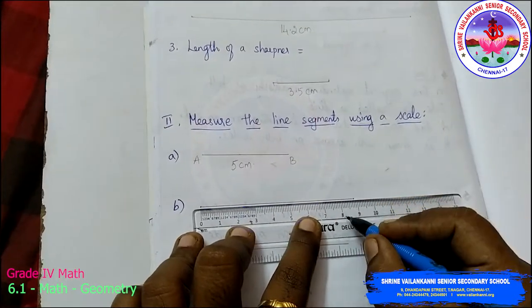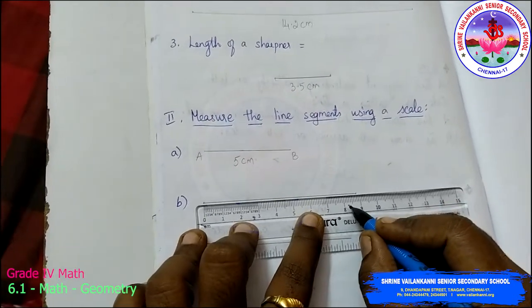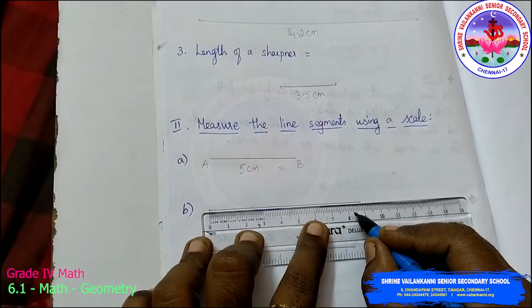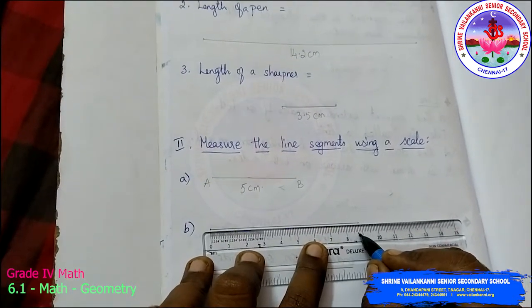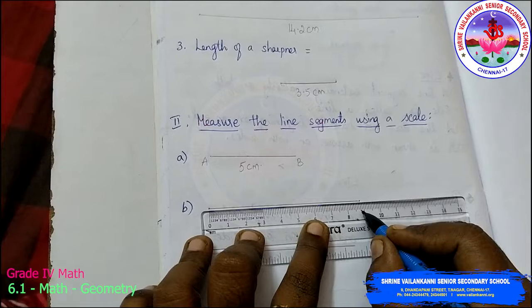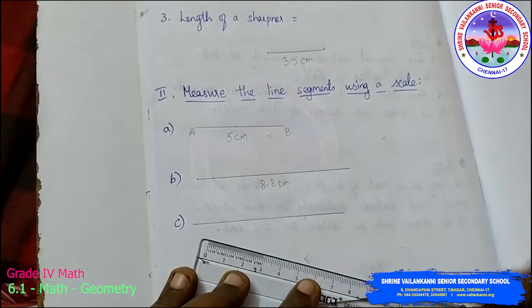This ending point lies between 8 and 9. So after 8, 8.1, 8.2, 8.3, 8.4, 8.5, 8.6, 8.7, 8.8. So exactly it is 8.8 centimeter.